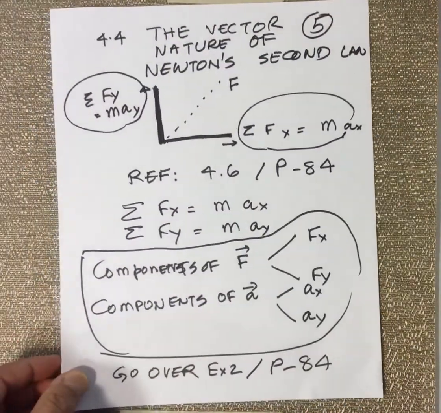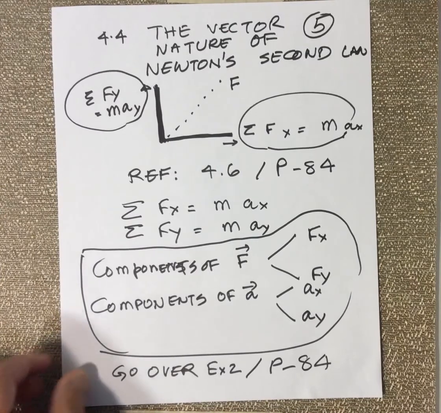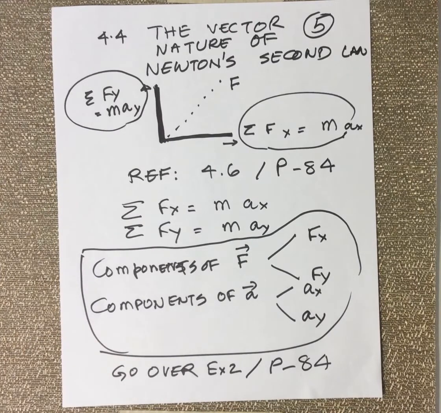Now we're going to see what happens to a force when we resolve it into components, like the x component and y component. You know so far that a force can be resolved using an angle, right? That was in chapter 2.